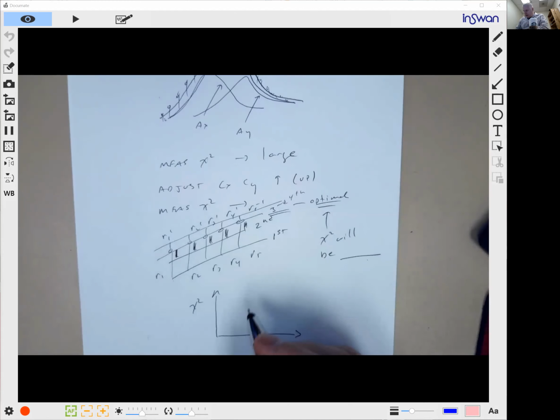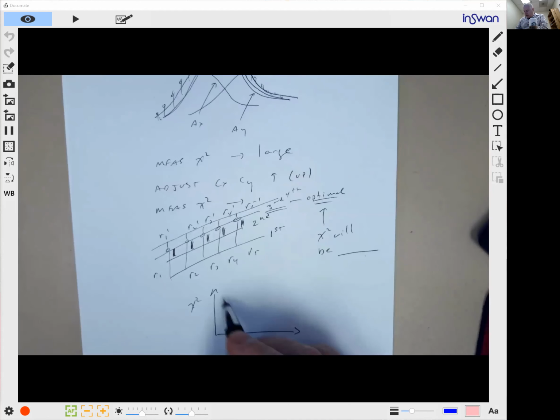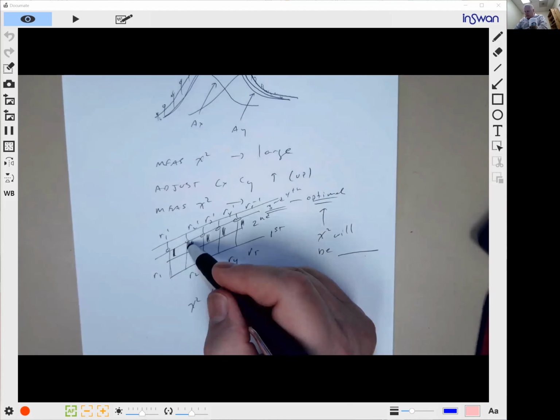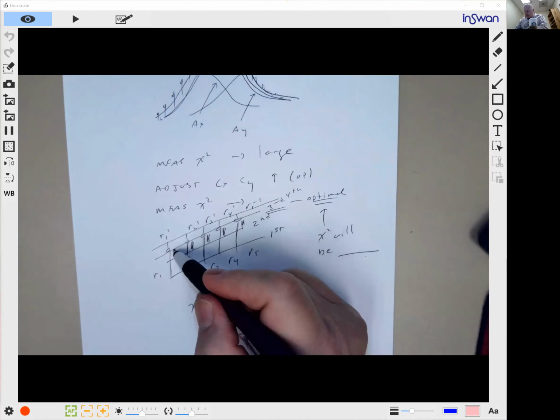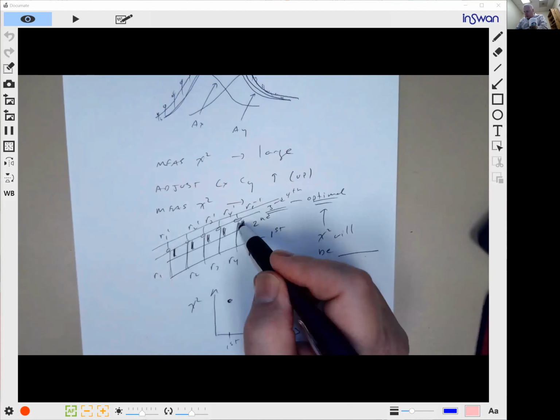Now, let's just say that the first guess is here. That's the sum of these lines here. What will the sum of these second lines be relative to this value up here?